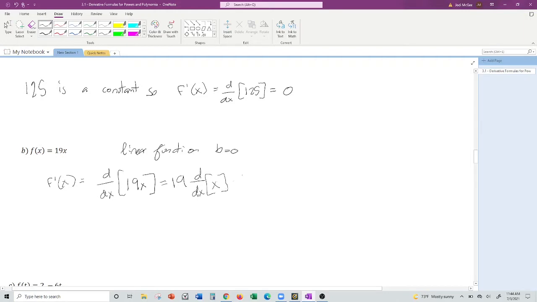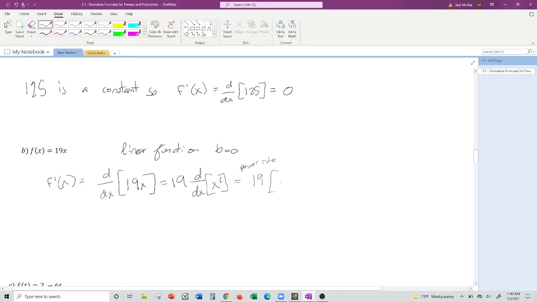Okay, so if we then used the power rule, and said this is raised to the first power here, that's a 1, and that's just always a given, right? We just don't write x to the first power. X by itself is x to the first power. So if we use the power rule, we're going to have 19, okay?